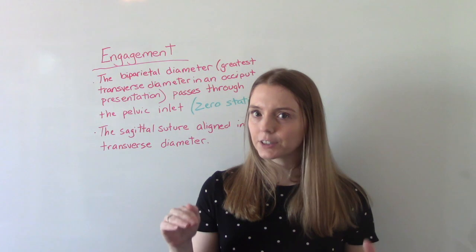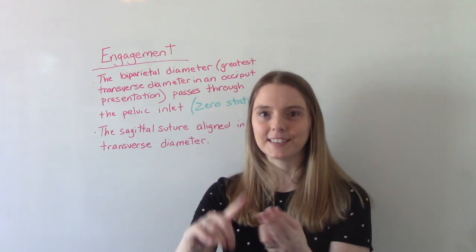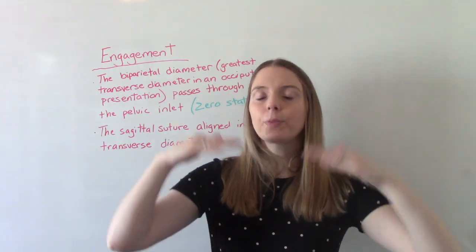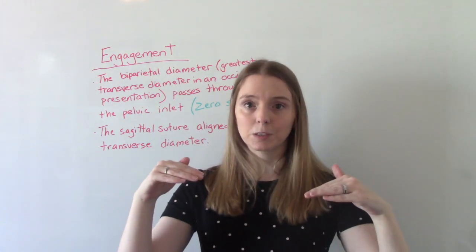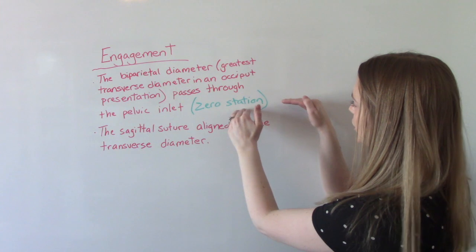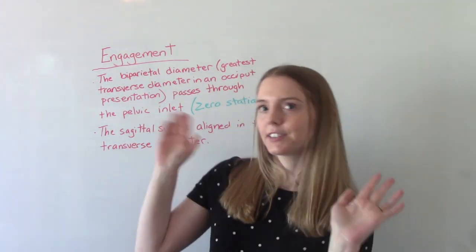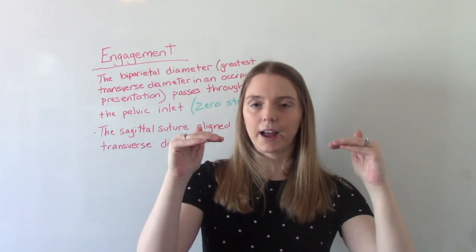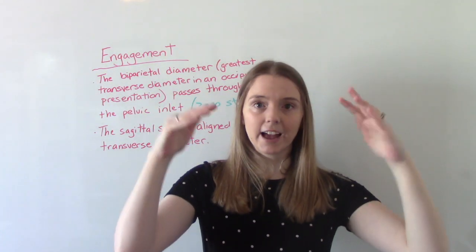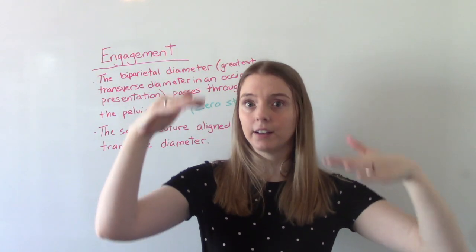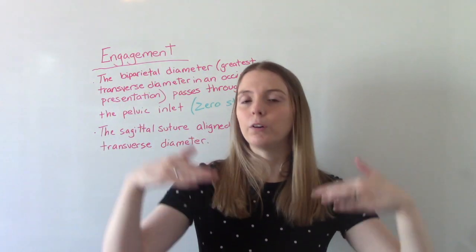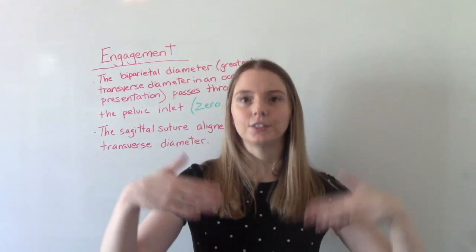If you remember dilation, effacement, station: station is baby's presenting part in relationship to the ischial spines. So 0 station, baby's head is at the level of the ischial spines. When baby's head is above that, it's negative station, -1, -2. And when baby's below, when we're ready to labor down and push, we're +1, +2, etc.